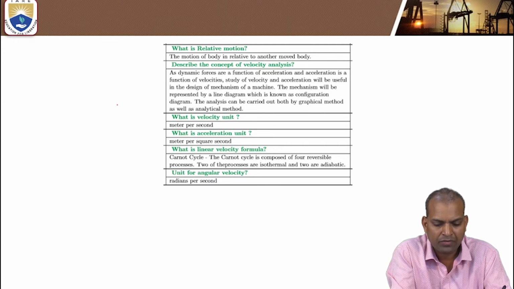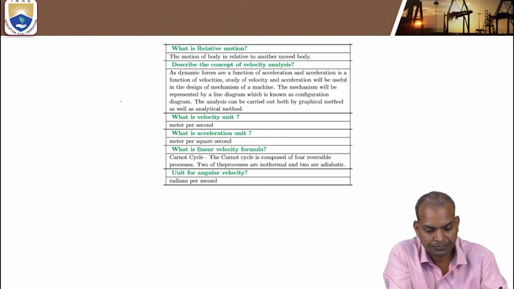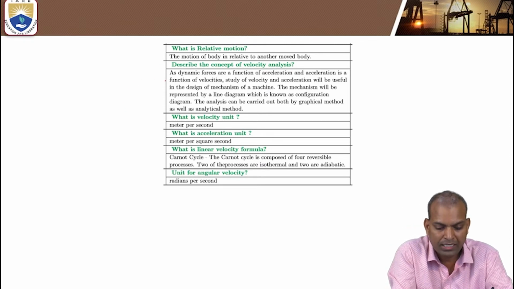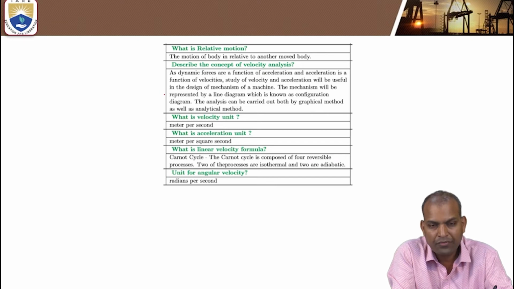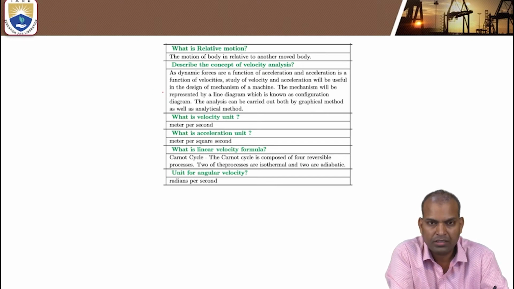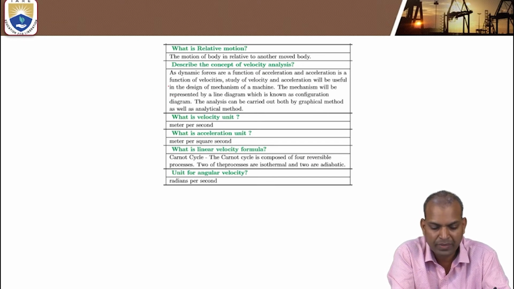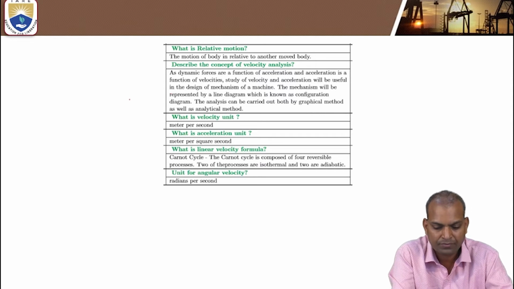Now, dynamic forces are a function of acceleration, acceleration is a function of velocities, and velocities are a function of displacements. So the study of velocity and acceleration will be useful in the design of mechanisms of a machine.